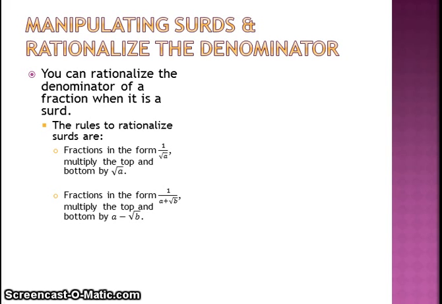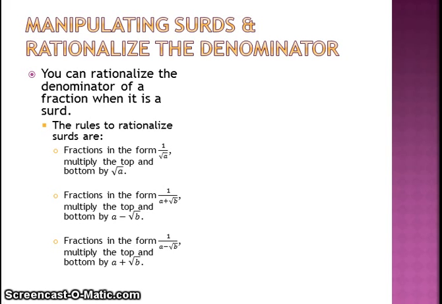As you can see, you're just changing the sign of the back term. If you have a fraction in the form of 1 over a minus square root b, you can multiply the top and the bottom by a plus square root b.